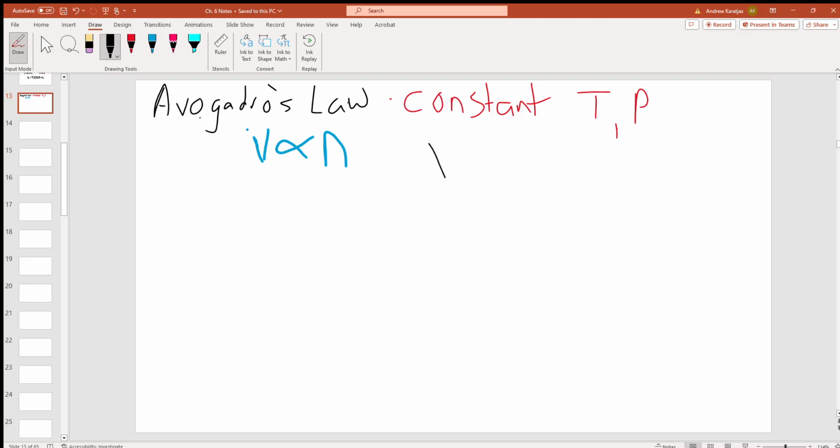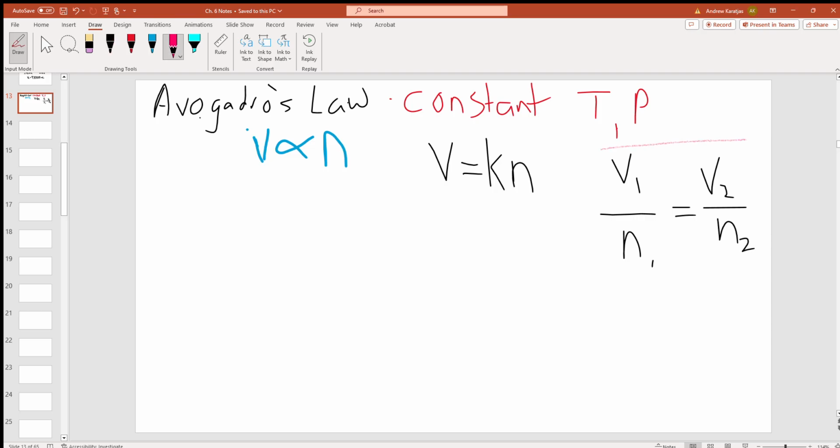Or we can say that volume is equal to K times n, or we can go through the same types of rearrangements and substitutions that we did for the previous gas laws and say that V1 over n1 equals V2 over n2.